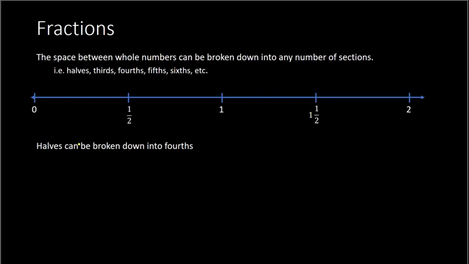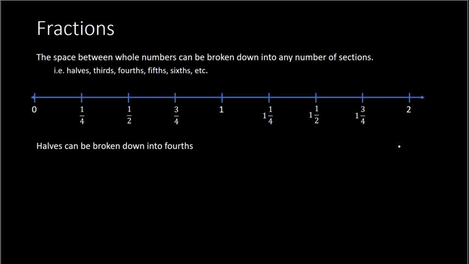So if we do that, we get halfway in between each of those segments we created. That gives us 1/4, and then 2/4 or 1/2, and then 3/4, and then 4/4, which is 1, 5/4, which is 1 1/4, 6/4, which is 1 1/2, 7/4, which is 1 3/4, and then 8/4 would be 2.